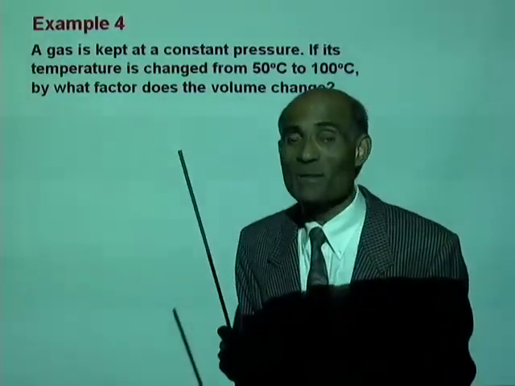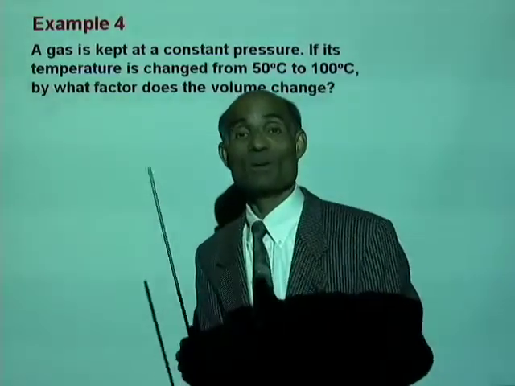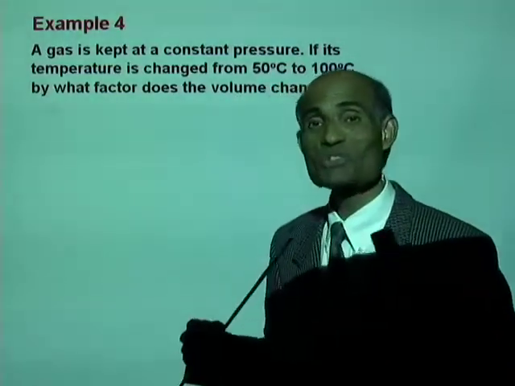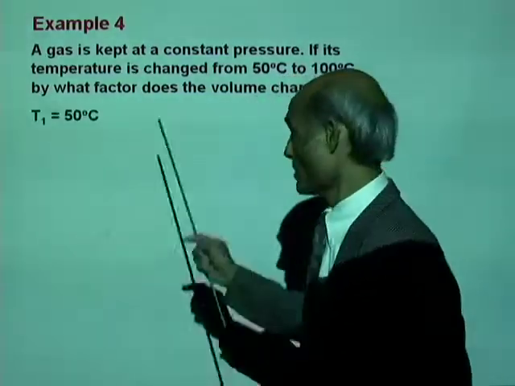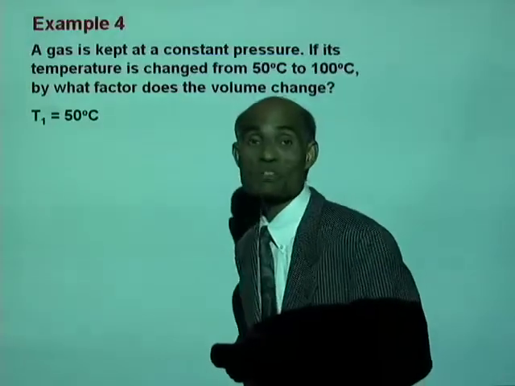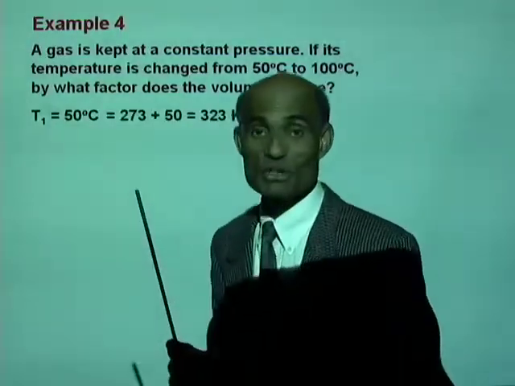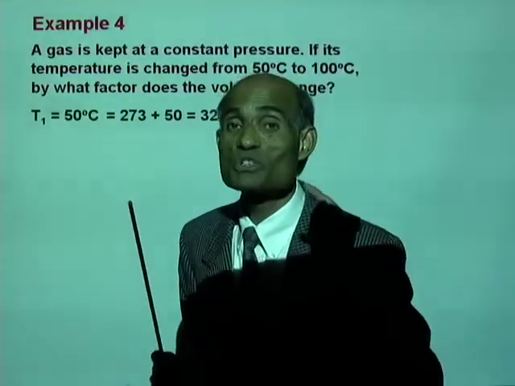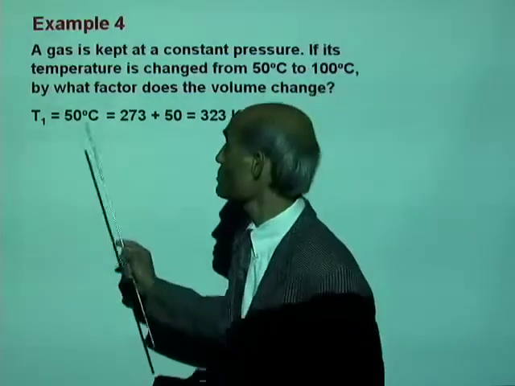That means we are studying the volume with temperature. What is the law that gives you the relationship between volume and temperature? Well, first of all, our initial temperature is 50 degrees Celsius. And remember, these laws always use the temperature in Kelvin. So, convert the temperature to Kelvin.